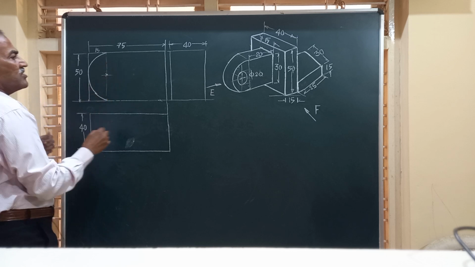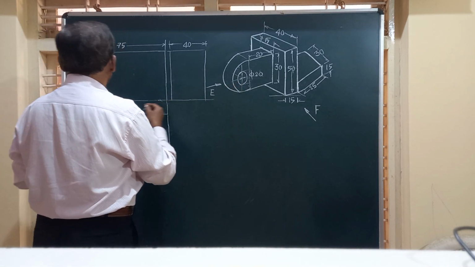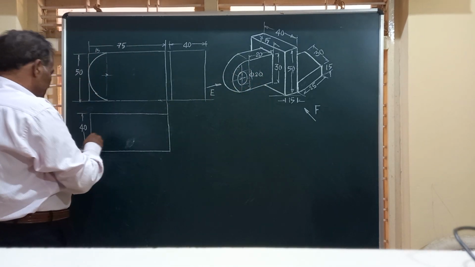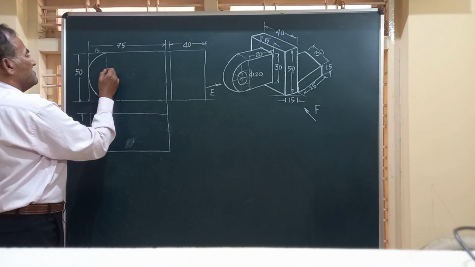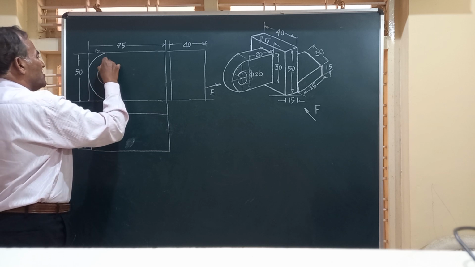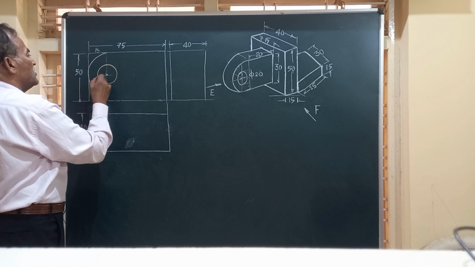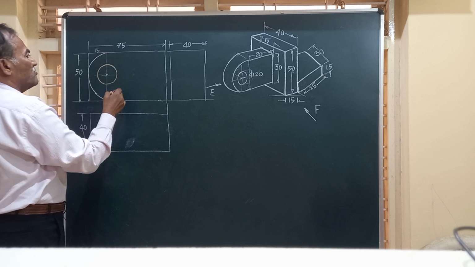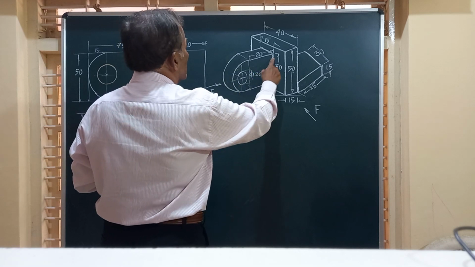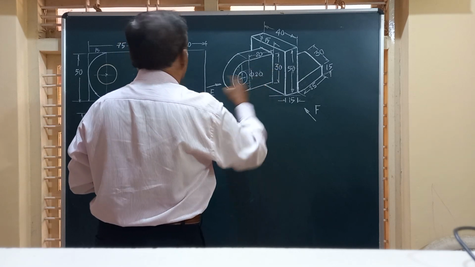So this is the circle we have got, friends. Then you have a circle of diameter 20 inside that. With the same center, I construct a circle concentric with this semicircle, and this has a diameter of 20.